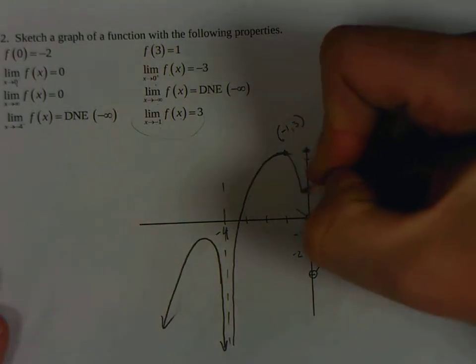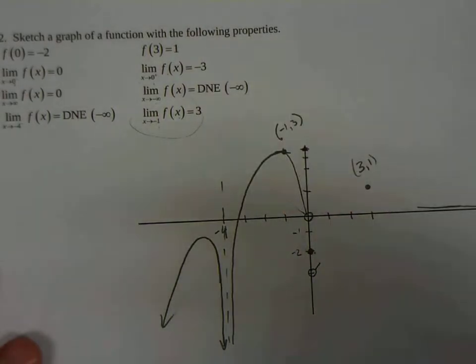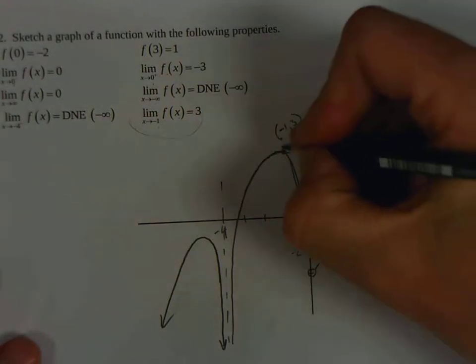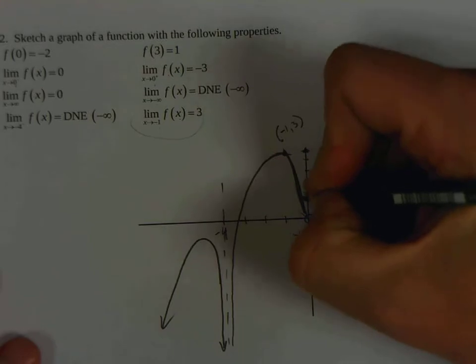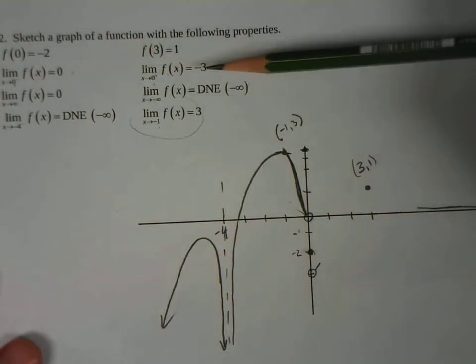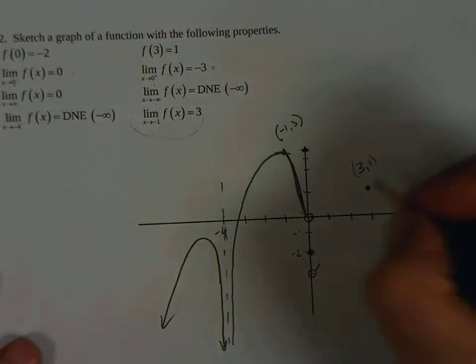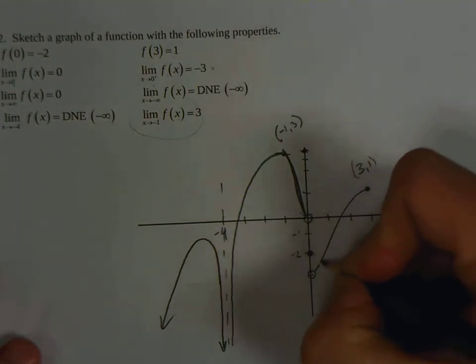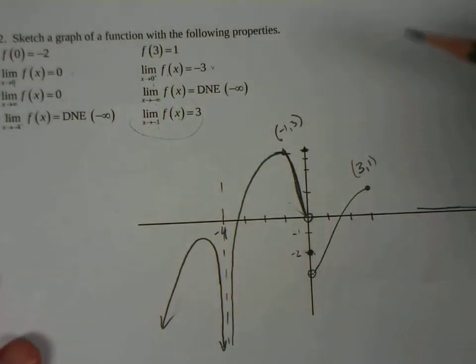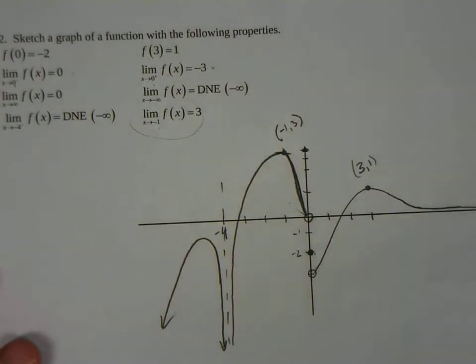That's going to come down here to 0, do a little bit of erasing. And remember, we're not going to connect that dot. That was the limit as x approaches 0 on the left-hand side only. When x approaches 0 on the right, f approaches negative 3. And then I guess I just need to connect down here.